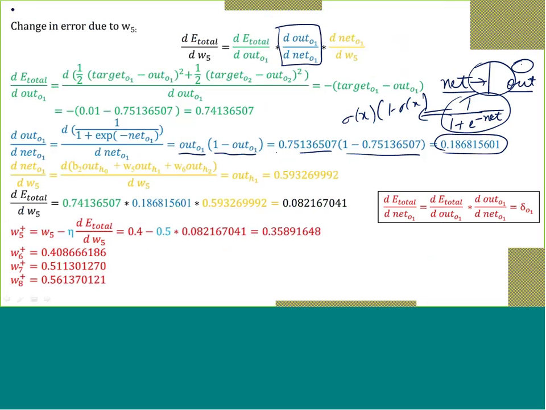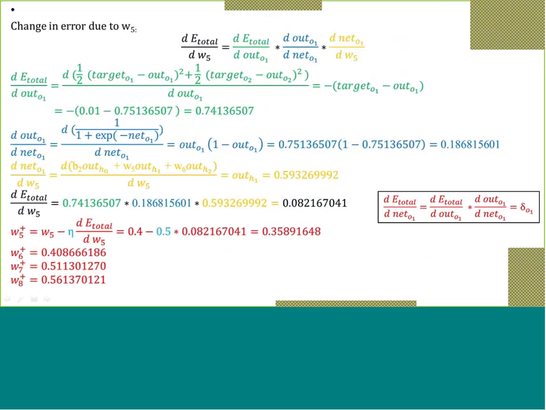Finally, this is my net input. This was my node, this was my out here, and this was my net here. Net is nothing but the sum of the products of weights with the inputs I'm getting here. So this is net O1. What was the net input of the O1 node? It was bias, plus W5 multiplied by out H1.